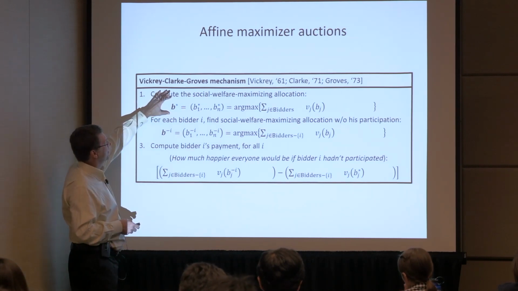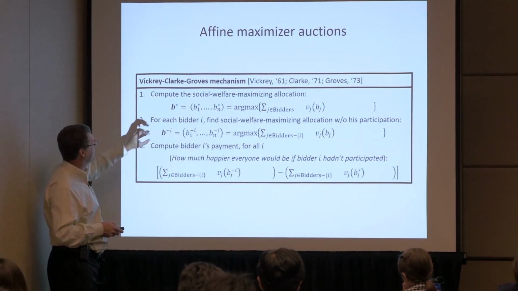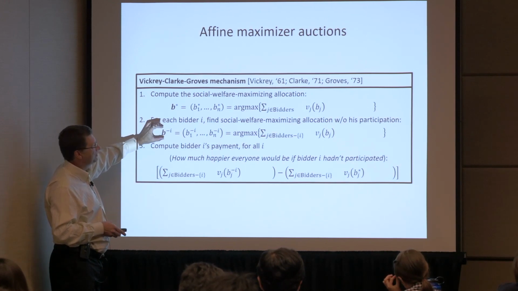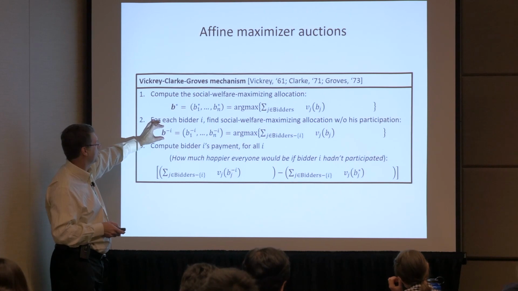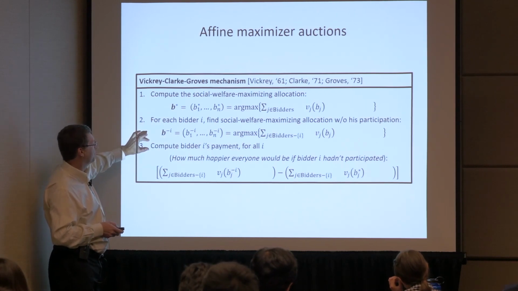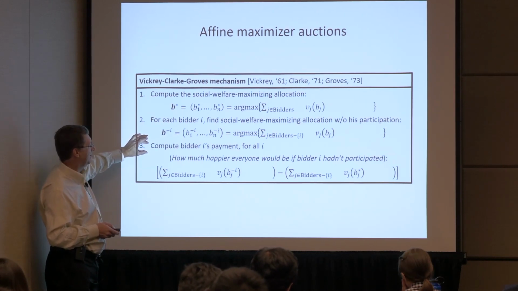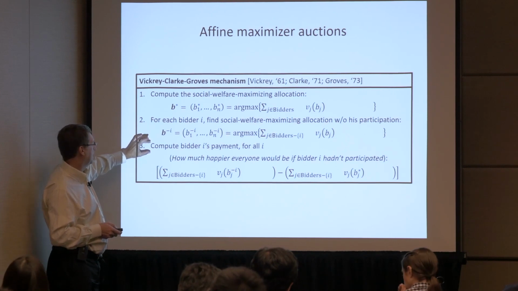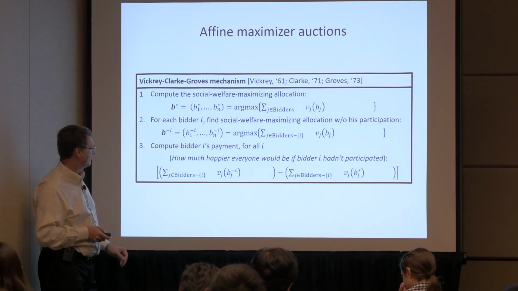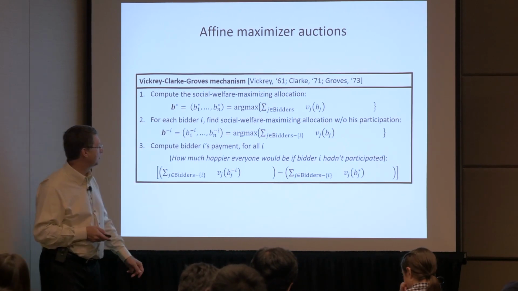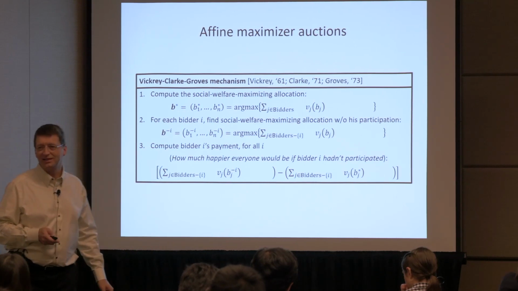Compute the social welfare maximizing allocation, and then for each bidder in turn, find the social welfare maximizing allocation without that bidder's participation. And then we compute the payment for bidder i, as we talked about before: how much happier everybody would have been if bidder i had stayed at home.